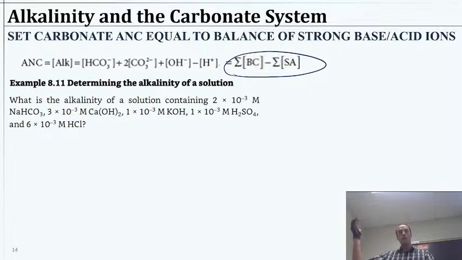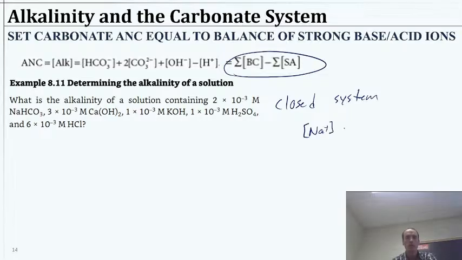So yes, exactly. And the shortcut here would be to realize, I guess I didn't say this, but we're going to assume this is a closed system, so no other source of CO2. We should be able to identify that we have sodium in a known amount. We have calcium. We need to do 2 times the concentration because it has 2 charges, and we're essentially doing a charge balance here.